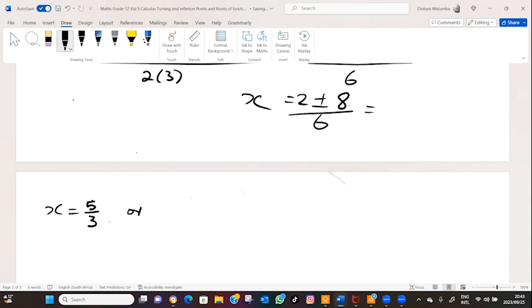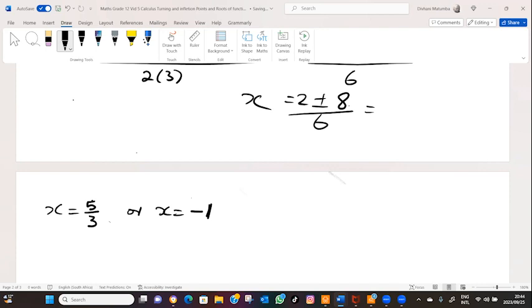Or 2 minus 8, it will be minus 6. Minus 6 divided by 6, your x will be minus 1.